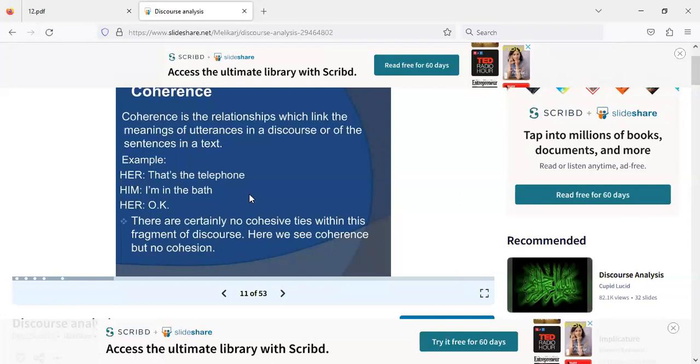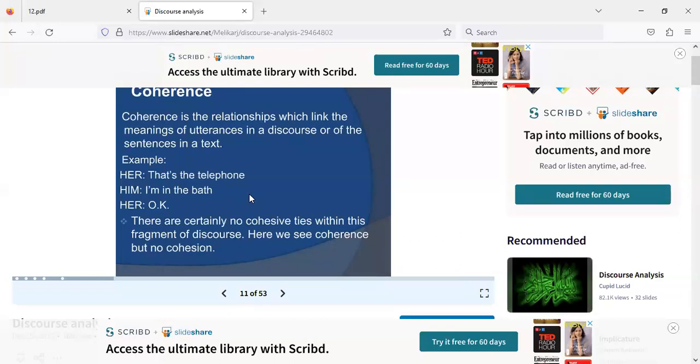No, just the utterance and the response. We find only the utterances and the responses, right? But we don't find any cohesive devices here, right?